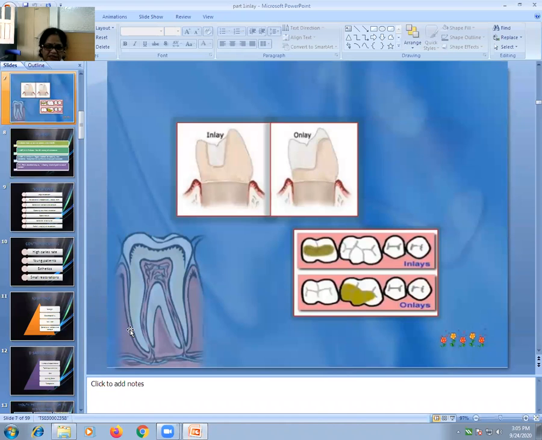You can see this diagram. This is the inlay, an intracoronal restoration, and if required you can involve one cusp or so. But in the onlay, both the cusps are involved. So this is the onlay.